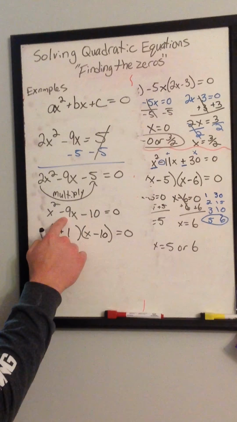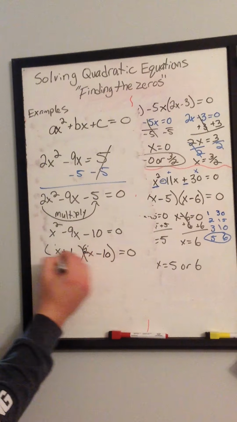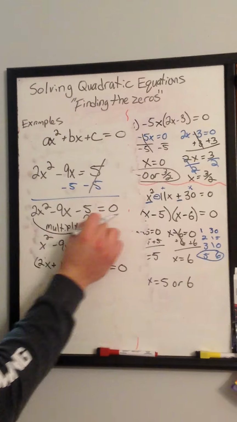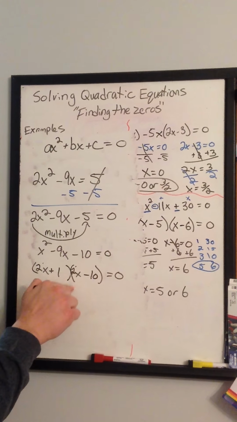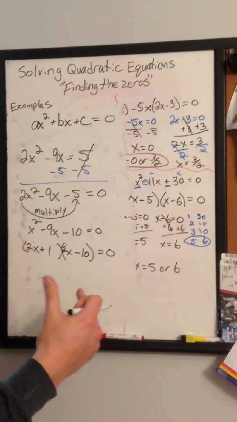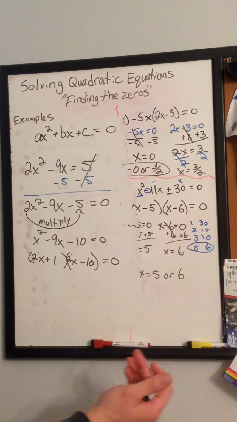Now that I have these two factors here, if you remember, since we borrowed this 2 from earlier on, we actually have to make sure we put that back in the front of each factor. So I'm going to stick that 2 back in here. Since we only borrowed that 1 2 when we multiplied, but we gave 2 2's back, we then have to simplify by one total number 2. In this case, we're going to look at each factor and pull out a common factor, a GCF, if either of the factors have one.